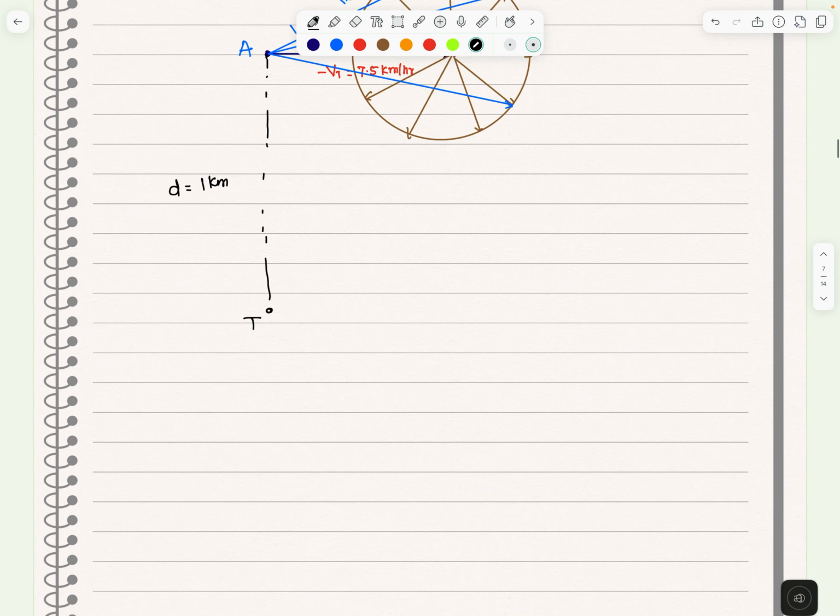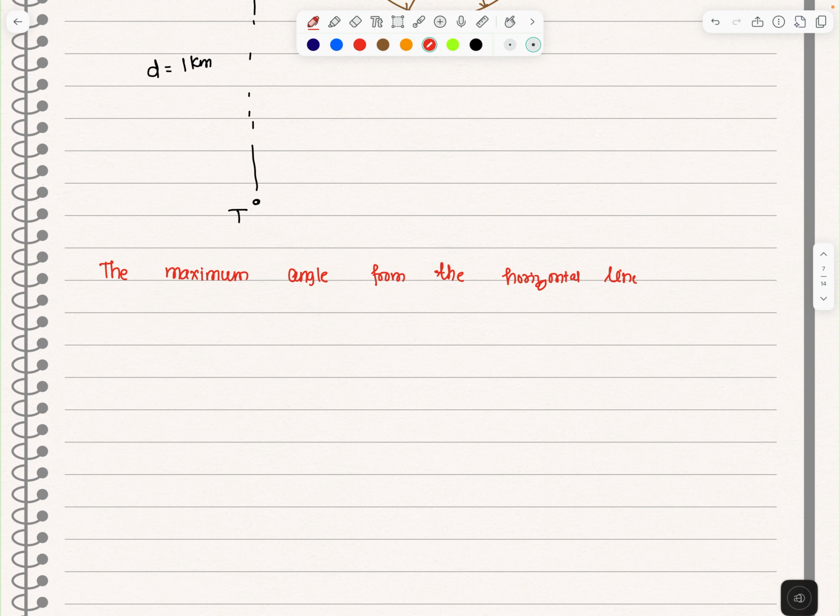So whatever I said, let me write it down: the maximum angle from the horizontal line, that line corresponds to minimum distance from the terrorist.